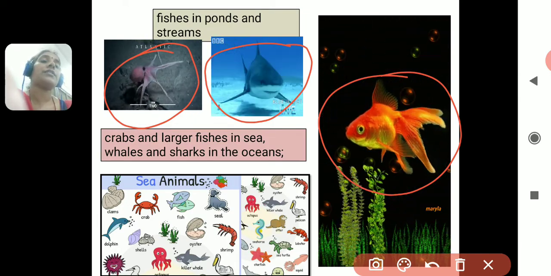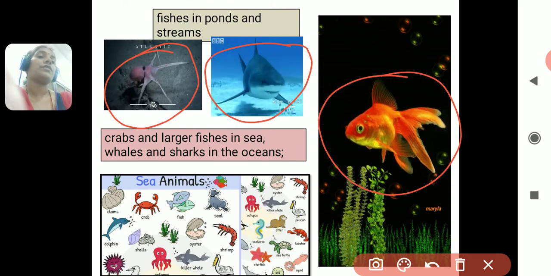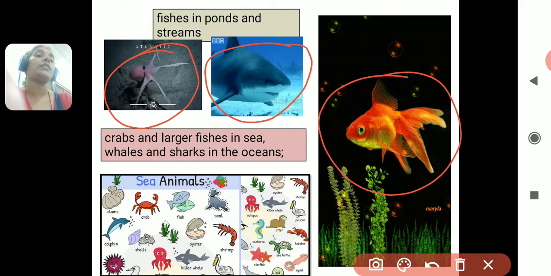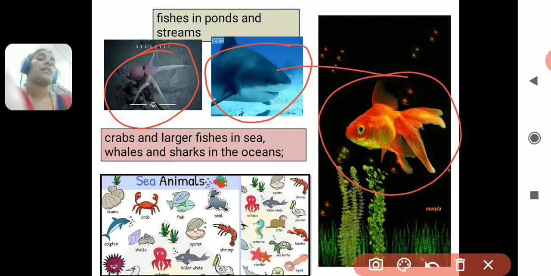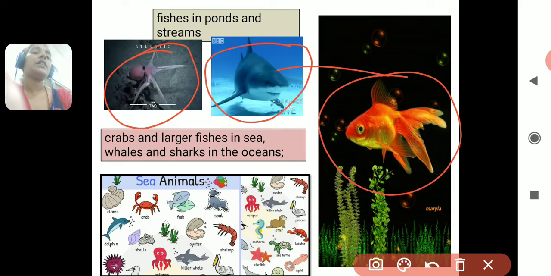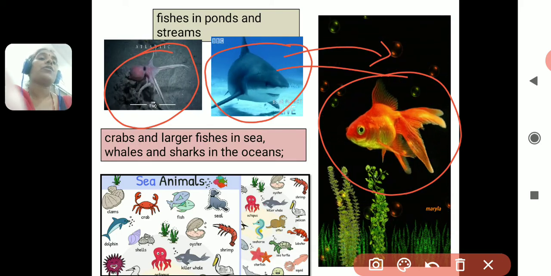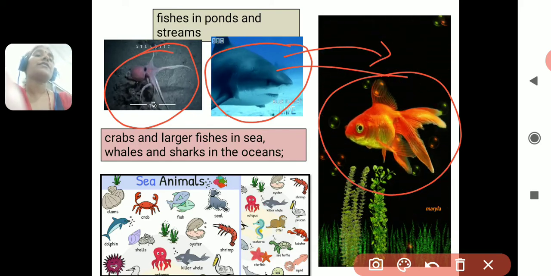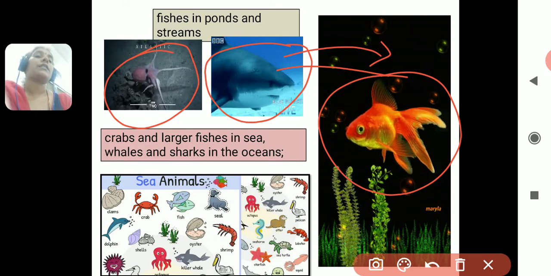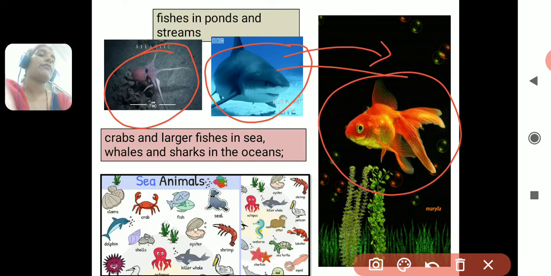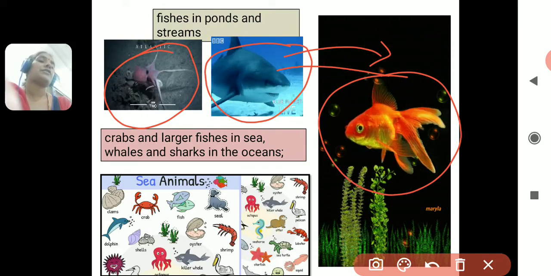Octopuses are larger sea animals. But students, can you imagine, the fish which lives in fresh water or a pond can't survive in the sea, and in the same way, this fish can't survive in ponds. Why? Because this fish is adapted to be comfortable in salty water, and that fish is comfortable in fresh water.